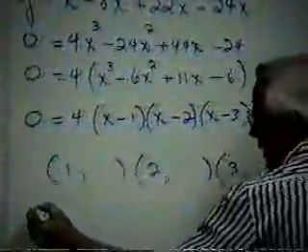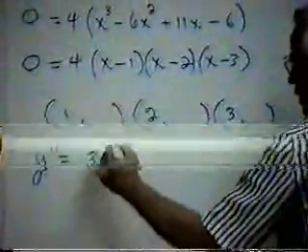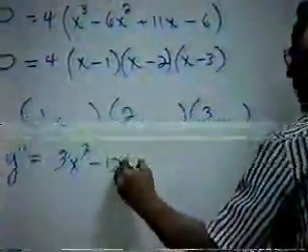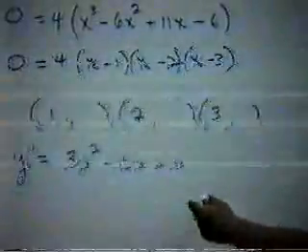All right, second derivative. Second derivative would be 3x squared minus 12x plus 11. Now the reason I put this one in here is to say, hey, that doesn't factor, so you've got to use the quadratic formula.